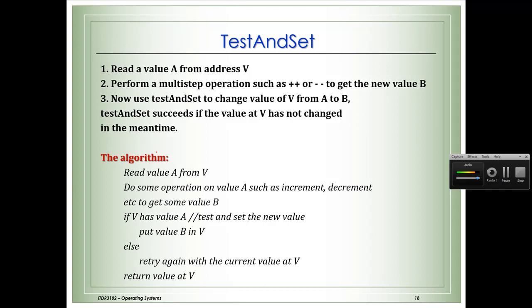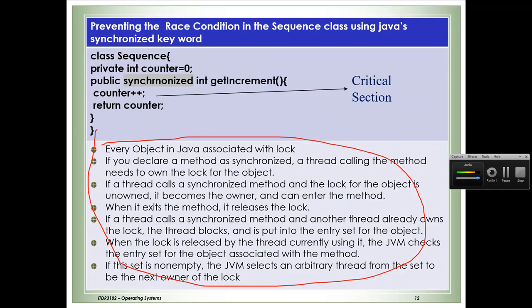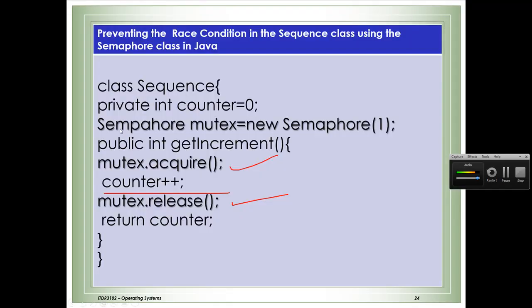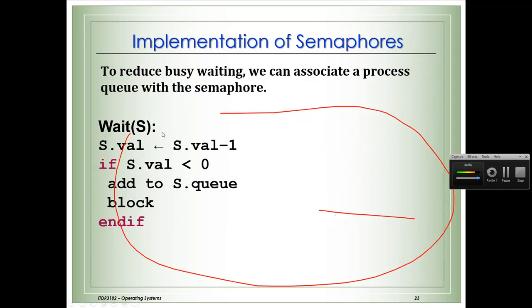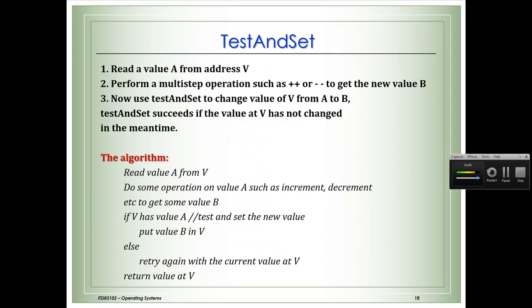The problem with the synchronized keyword or semaphore is that when we implement mutual exclusion using a semaphore or a synchronized keyword, it affects the concurrency of the thread execution or process execution.